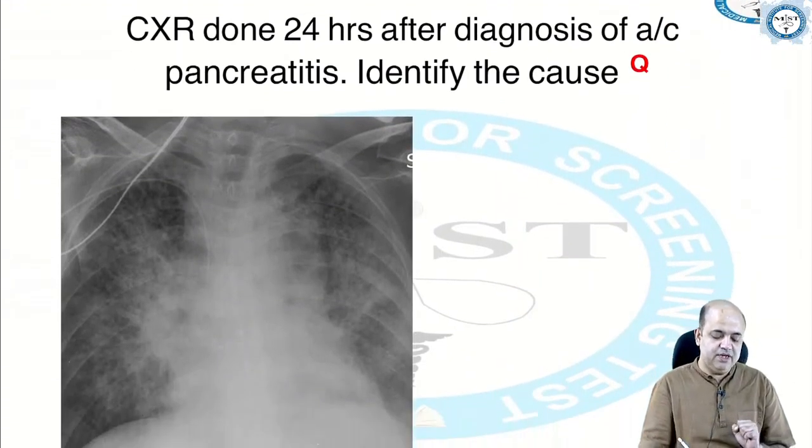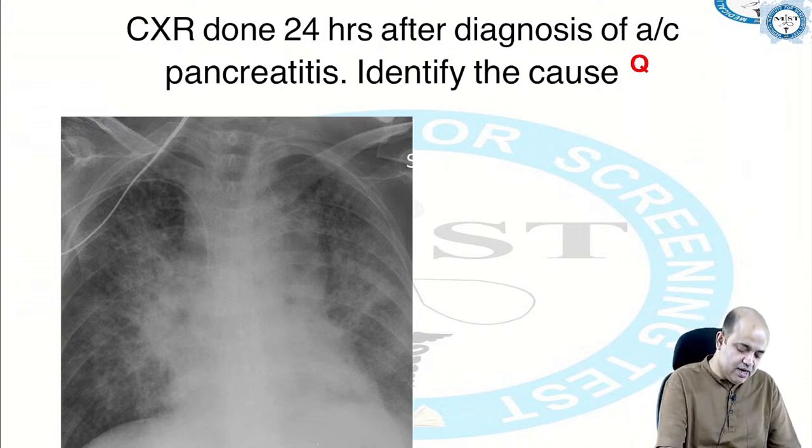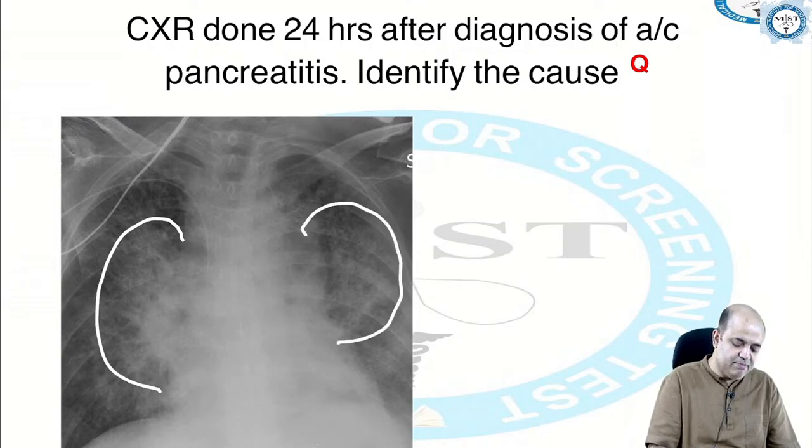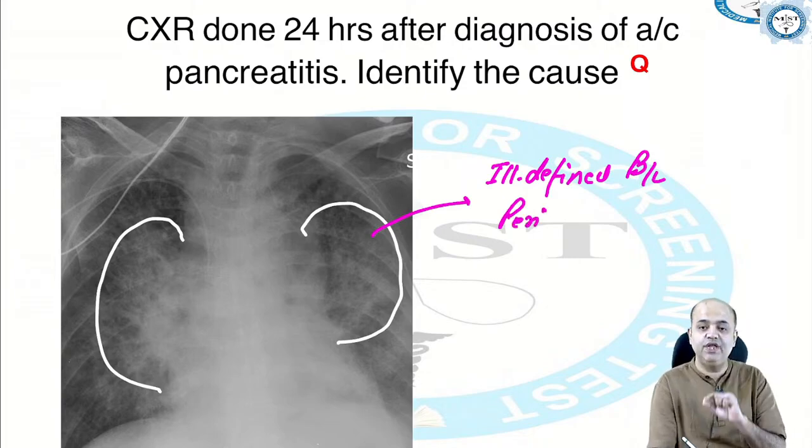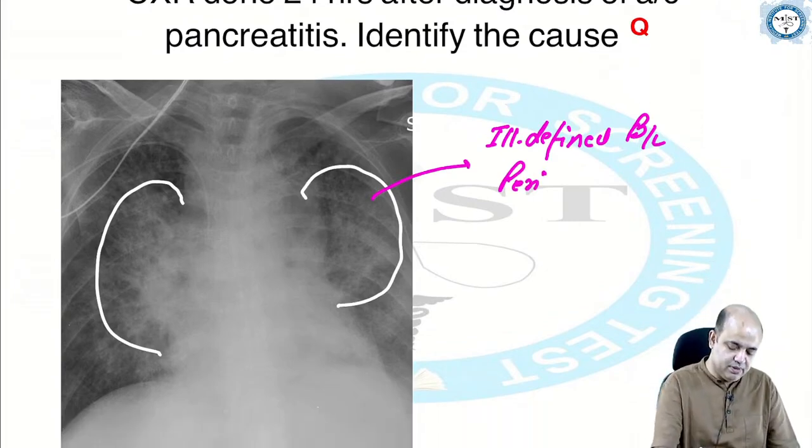Chest X-ray has been done 24 hours after the diagnosis of acute pancreatitis. What do we see? We see an ill-defined bilateral perihilar opacity. This is pulmonary edema because of the ARDS.